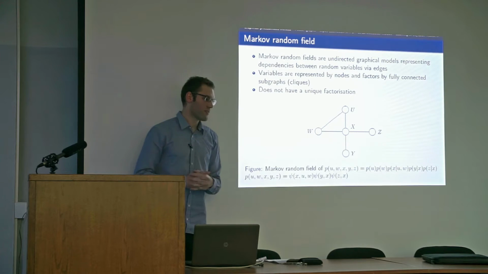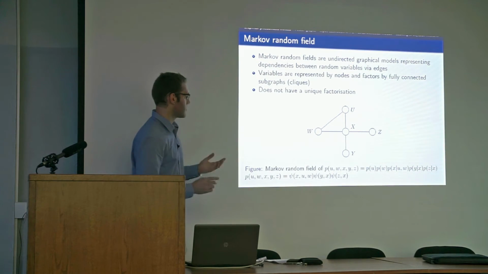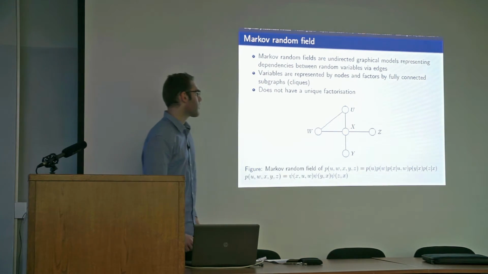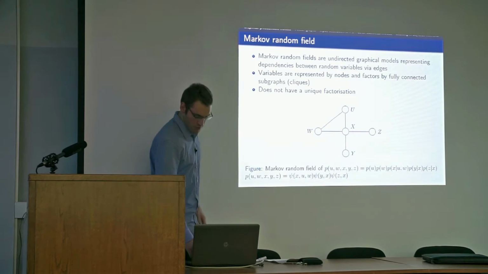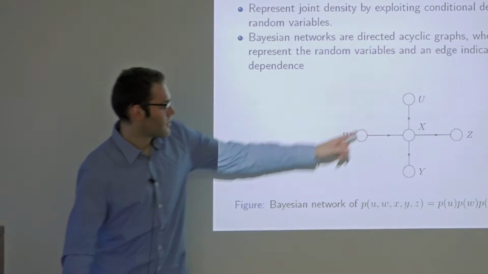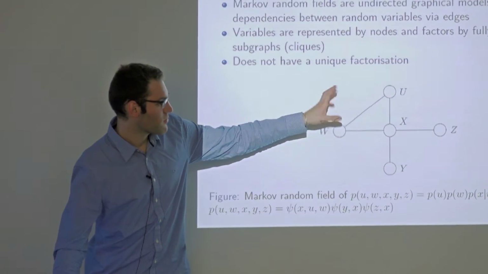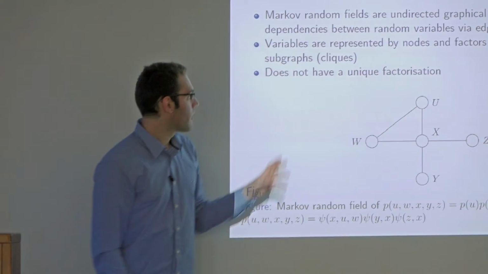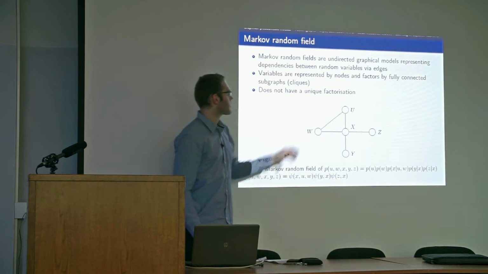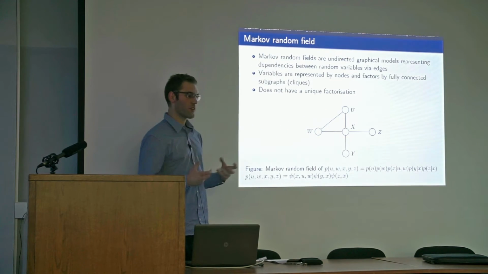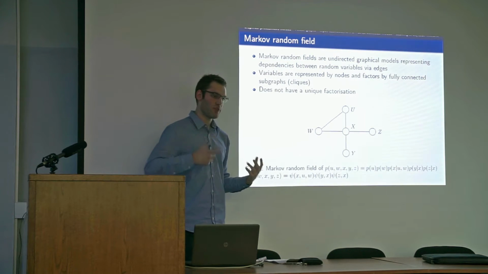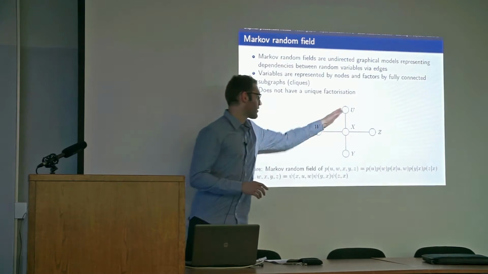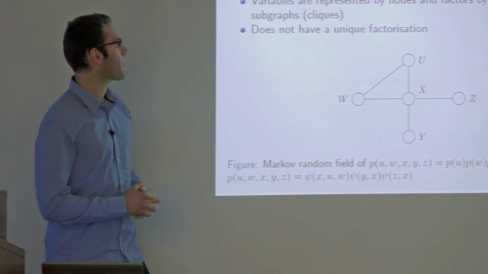Okay, so now let's see a similar representation of the same joint density with a Markov random field. Not much changed. We just had one edge added, for moralization, to make a Bayesian network into a Markov random field. And here we have undirected edges. They now represent dependencies. They don't represent conditional dependencies, so we forget about causality, but we have a dependence structure.